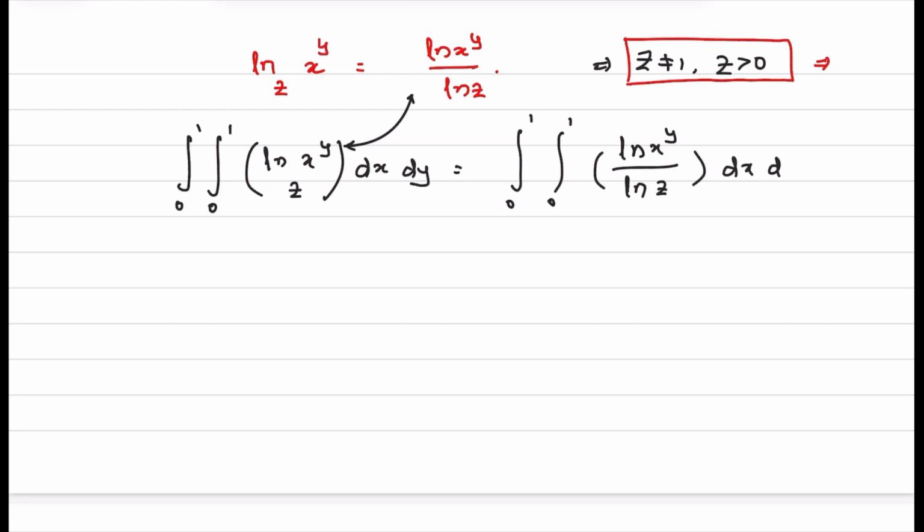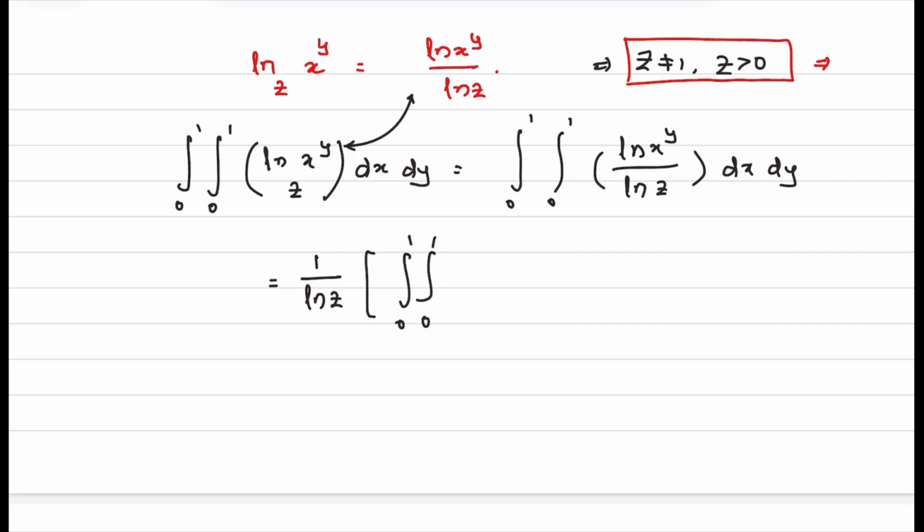dx dy. Now here, the integral is only with respect to dx and dy. Hence, ln z can be taken out of this. This will be 1 by ln z times the double integral 0 to 1, 0 to 1, of ln x to the power of y dx dy. D by dz we will do afterwards, to complete the problem.